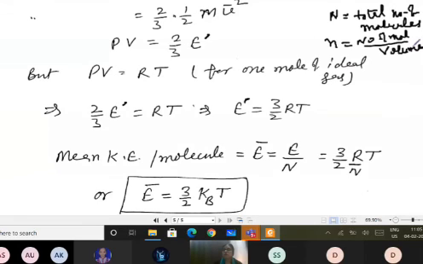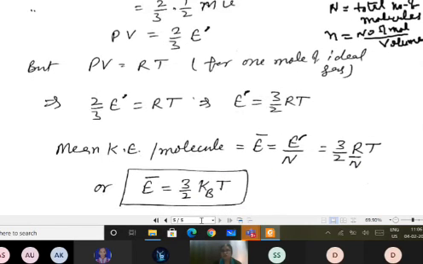So wherever you are using the symbol capital N or small n, you should know the meaning. So what is the difference between small n and capital N? Putting the value, E dash upon the total number of molecules in the gas, I'm getting 3 by 2 RT by N. And this R by N, I can replace by the Boltzmann constant also.